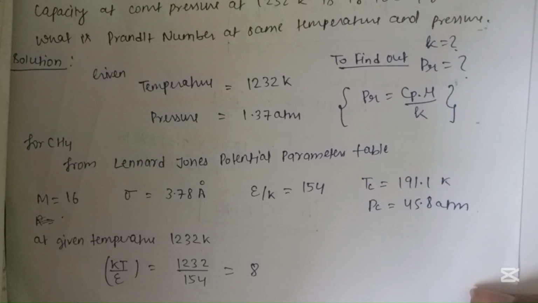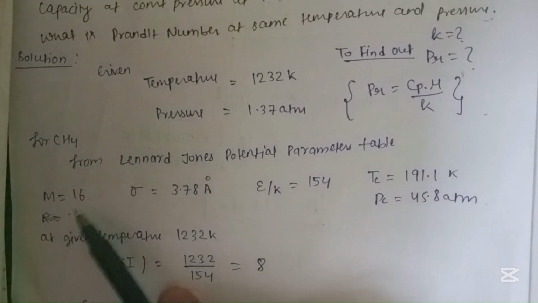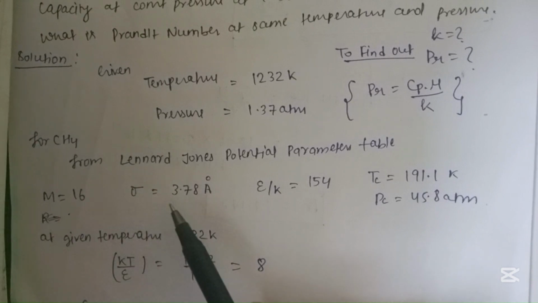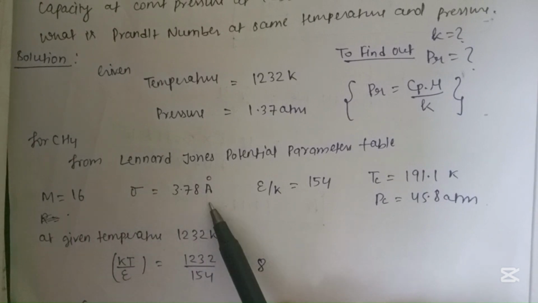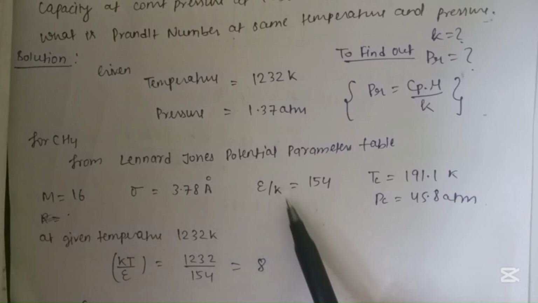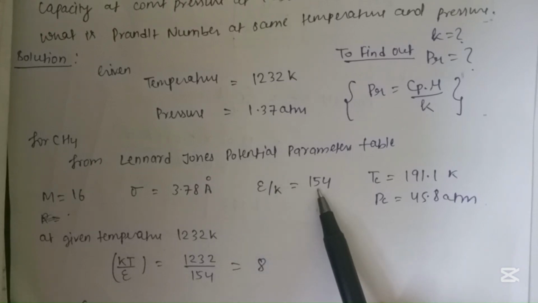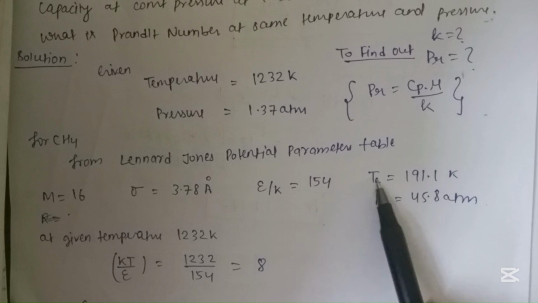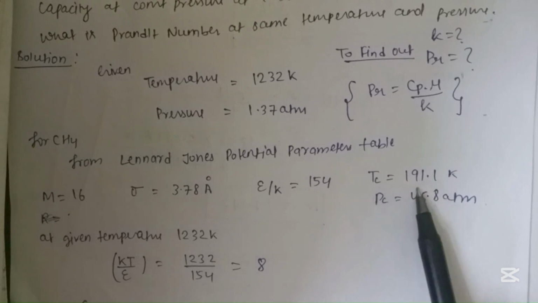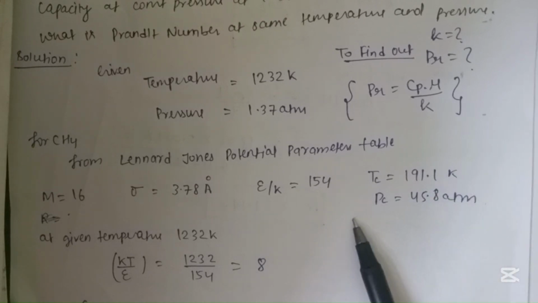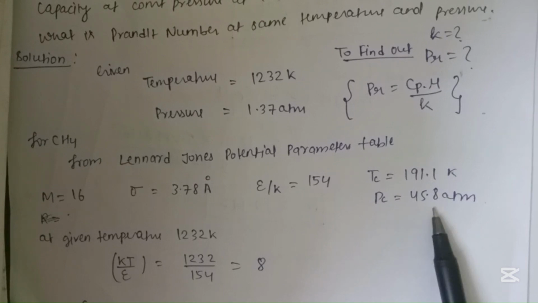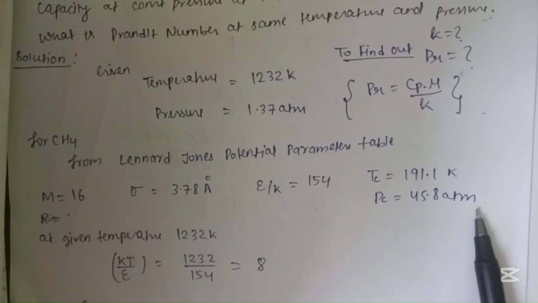So from the Lennard-Jones potential parameter table, we have the molecular weight as 16, the sigma value as 3.78 angstrom, epsilon by K equal to 154, critical temperature 191.1 Kelvin, and critical pressure 45.8 atmosphere.